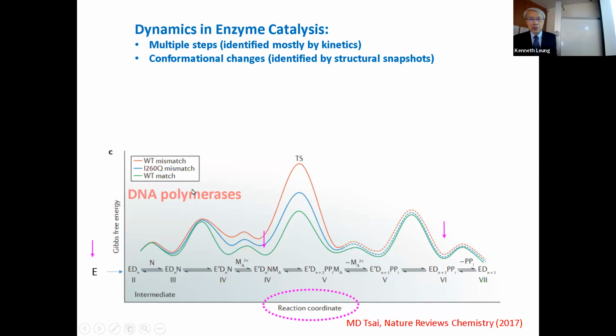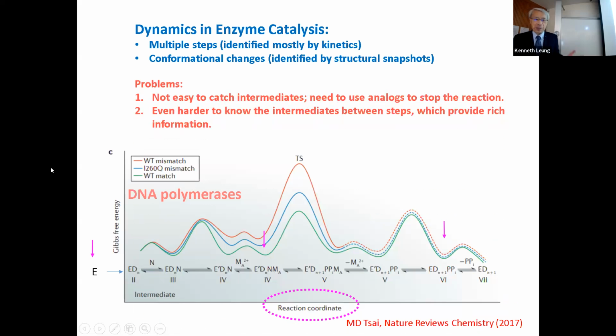So we all know this is a simple, common enzyme, DNA polymerase, which catalyzes the replication of DNA. But catalysis is not a single-step reaction. Even though in the textbook we often consider it as a single step, the enzyme starts as a free enzyme, then it has to bind DNA, it has to bind dNTP nucleotide, and there are 4 different nucleotides.